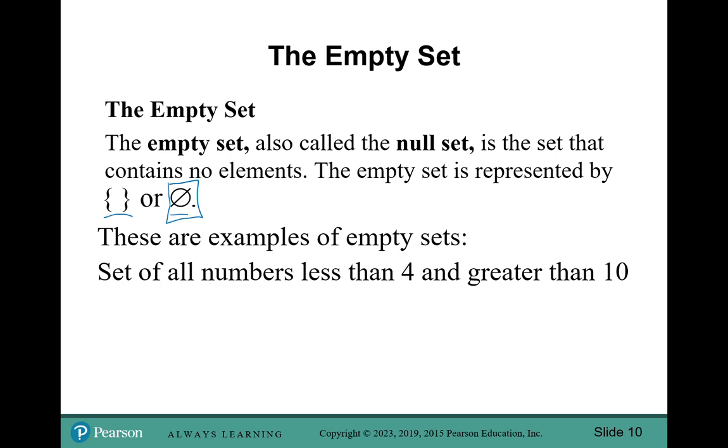Let's look at this: the set of all numbers less than 4 and greater than 10. That would be the empty set. The reason that would be the empty set is I challenge you to list a number that is less than 4, but at the same time greater than 10.